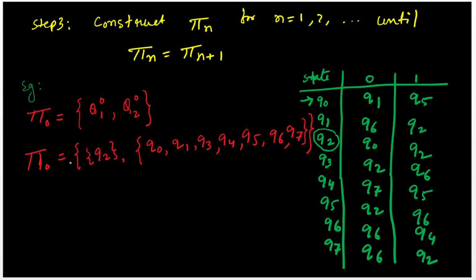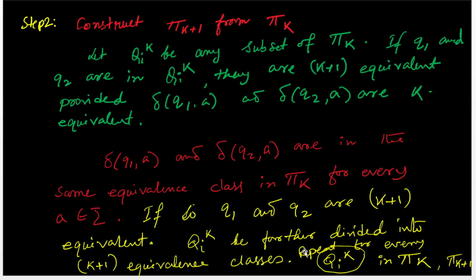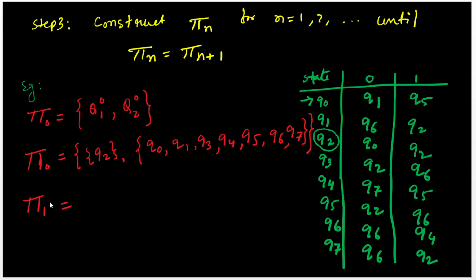Now from this we have to construct pi of 1. As we have mentioned, from pi of k we have to construct pi of k plus 1. So in this case pi of 1 will be constructed from pi of 0. Clear? So how do we construct pi of 1? We have to take all the subsets of pi of 0, but in this case one is a singleton set, that is q2.